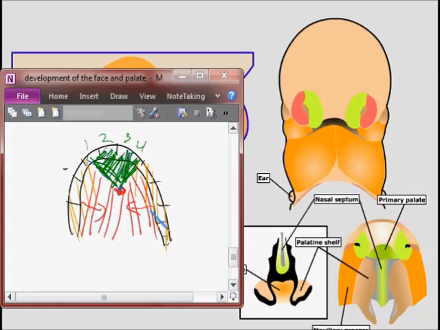Like I said, it comes to the side and closes to form that hard palate. You have your primary palate, which is going to be some of this that comes in. I'm not sure if it has your medial nasal septum, but we'll find out. But this is going to form the primary palate, which contains your four incisors.